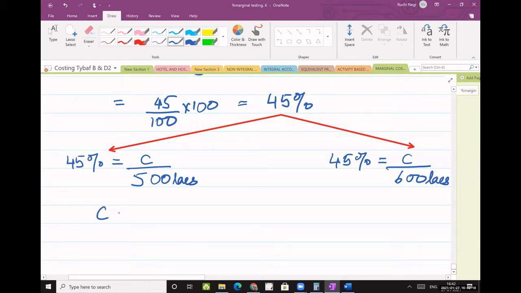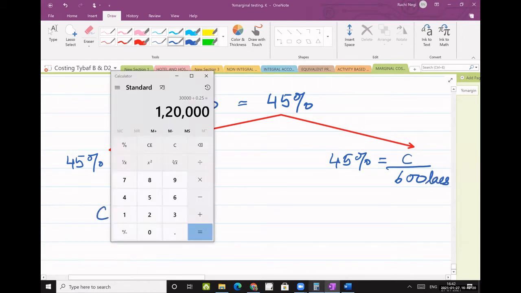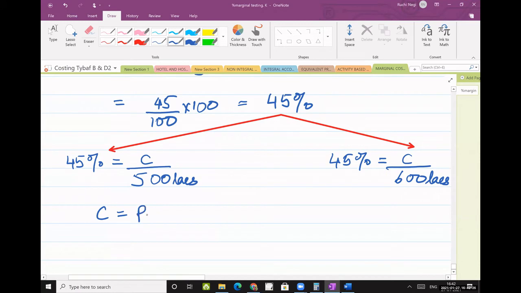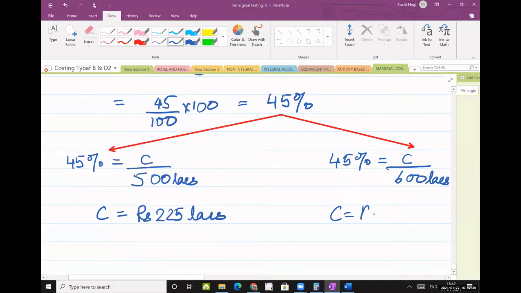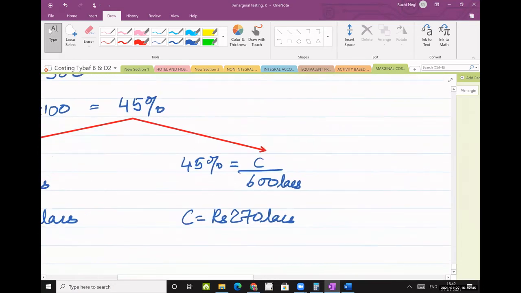So this contribution answer will be 500 into 45%, so 225 lakhs. And this one will be 600 into 45%, so 270 lakhs is my answer. So 225 and 270 lakhs.